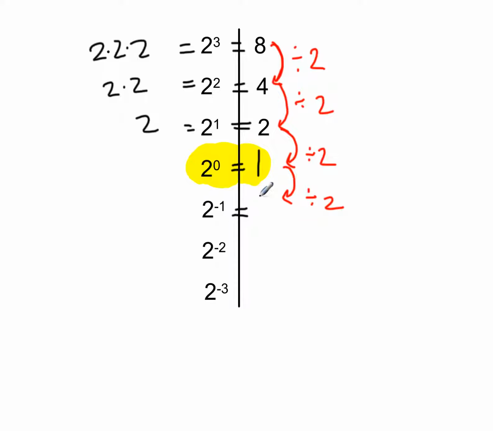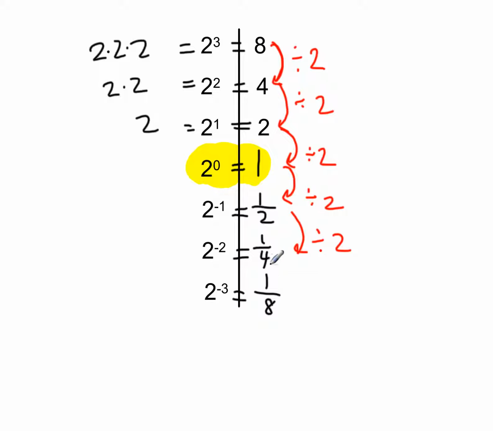Again, I'm going to divide by 2. So now I have 1/2 divided by 2. What's a half divided by 2? That is 1/4. Then I divide by 2 again, and I've got 1/8.